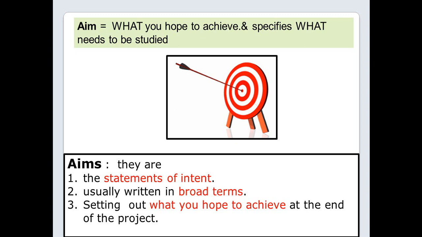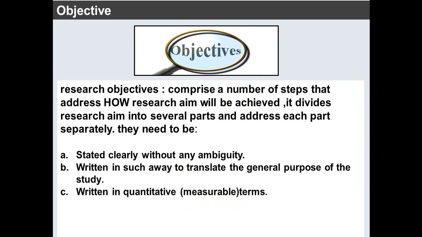This is the aim. What about the objective? Research objectives comprise a number of steps that address how the research aim will be achieved. So objectives are how we will reach the aim. It divides the research aim into several parts and addresses each part separately.